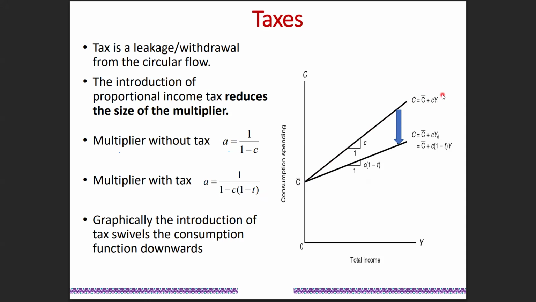But since now we include taxation, the induced consumption, C times Y, will change to C times Y times D, to show that this is no longer just any income, but it's disposable income, which can be written as Y minus TY, which is 1 minus T times Y, right?